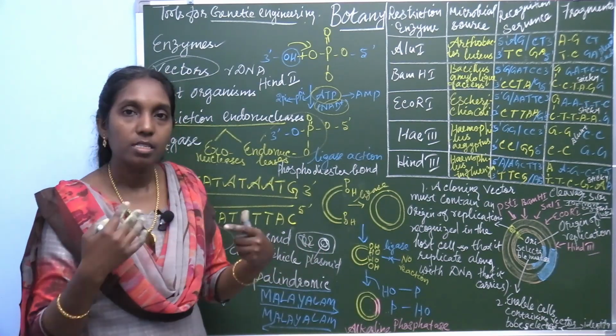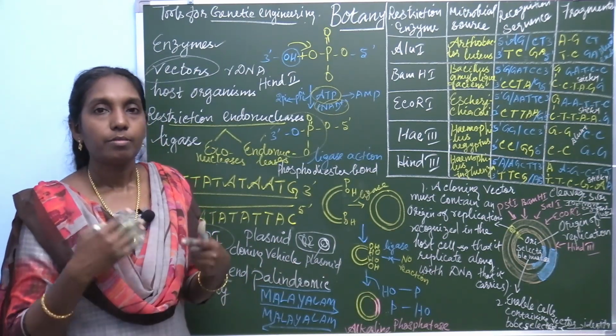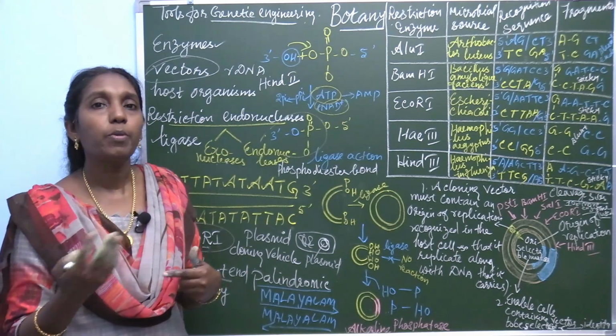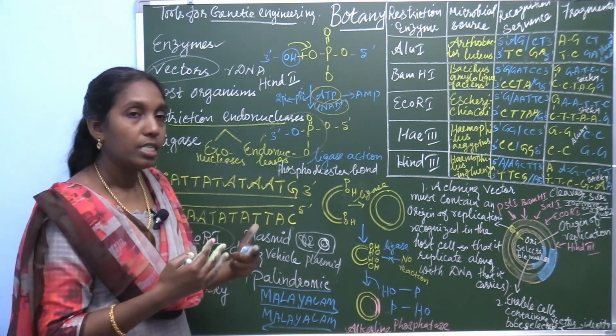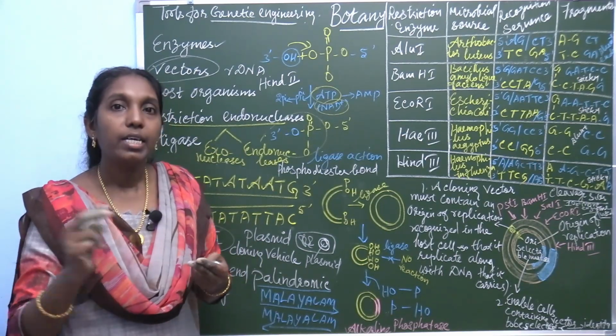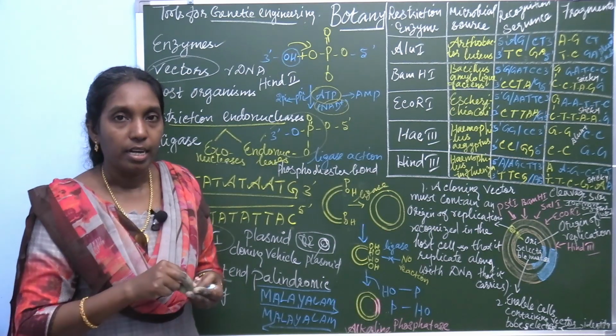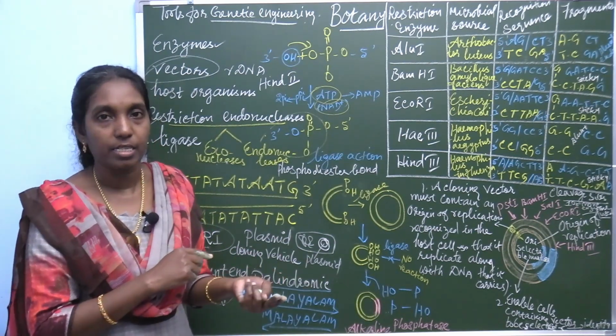Plasmids, or vectors, can be self-replicated. First, it can be self-replicated and it can carry the foreign DNA along with replication. Along with the foreign DNA, it can be replicated.